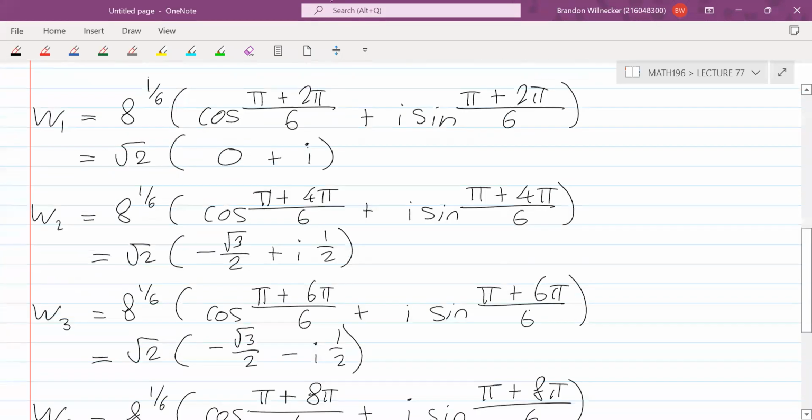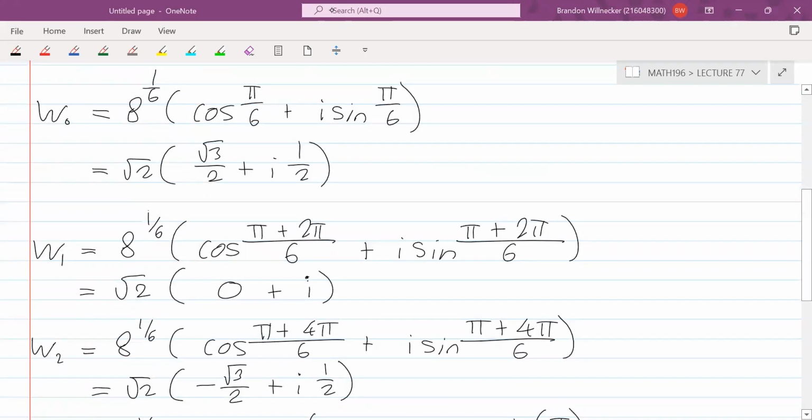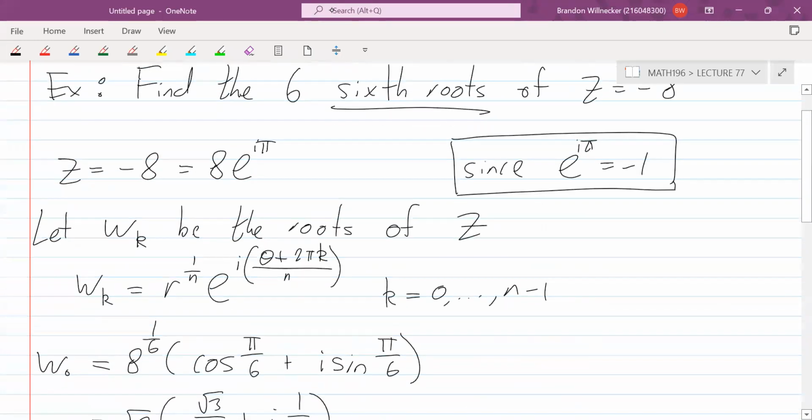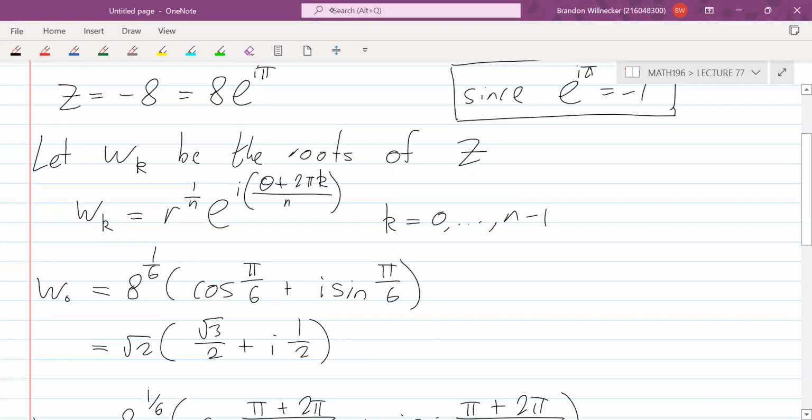Okay, so these are our six roots of z, of minus 8. So you can check if you want to. You can take any of these roots here, raise it to the power 6, and you should get back to minus 8. Much like if you take root 2 and you square it, you get back to 2. If you take any of these and you raise it to the power 6, you get back to the original number z.